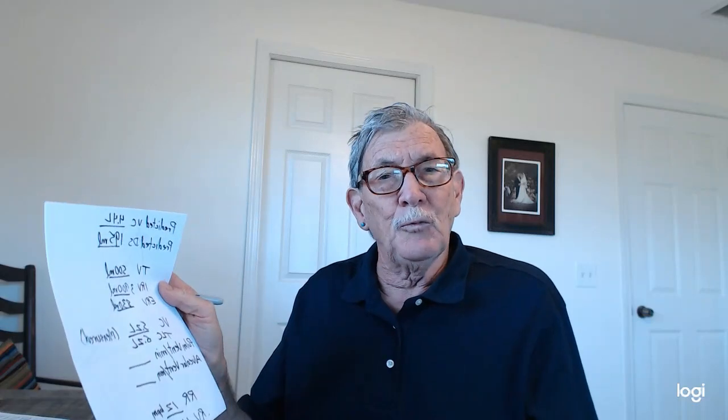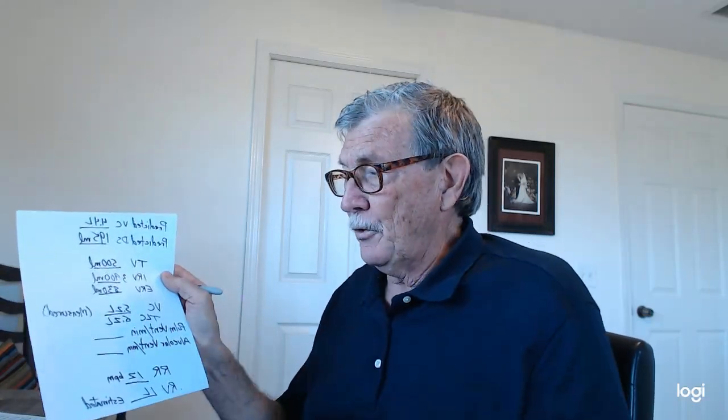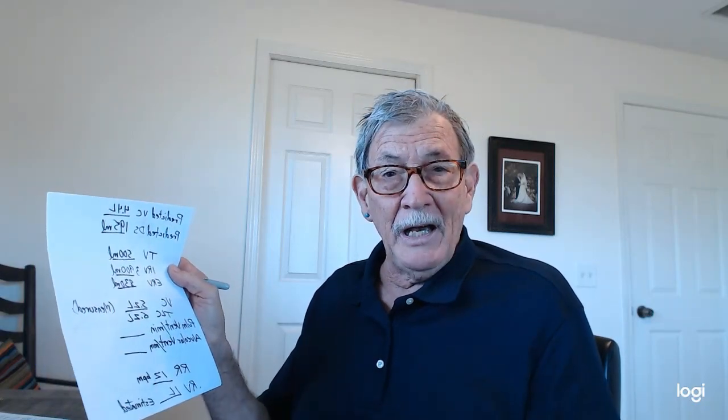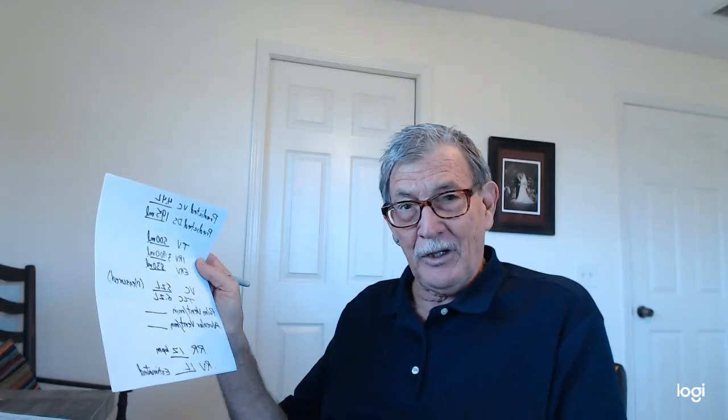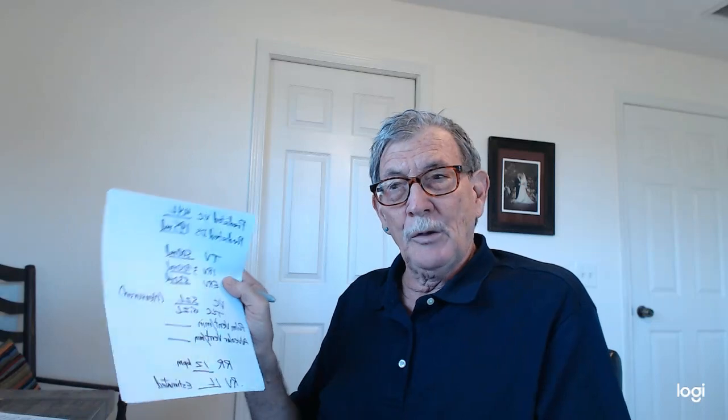All you have to do is know what the numbers are, and you can figure out what to add together. 300 plus 3,900 plus 830 is pretty easy to add, especially if you get to use a calculator on the test. But even if you don't, you can add those numbers. You add another liter, you get total lung capacity. So don't get freaked out by the fact that there are numbers involved. These are simply relationships between lung volumes that you need to know. It's not the ability to do math.